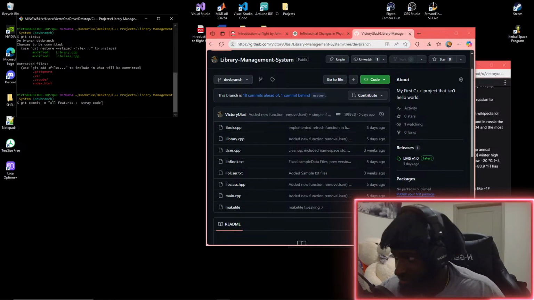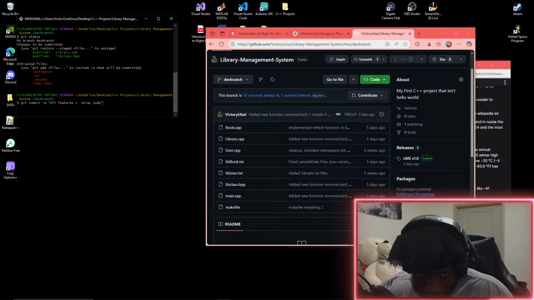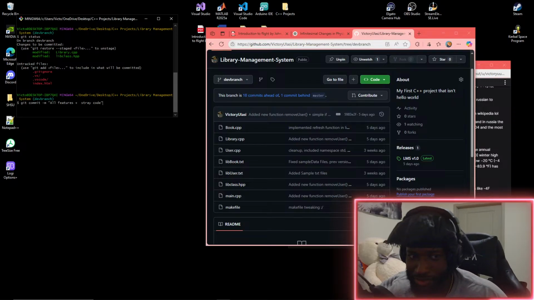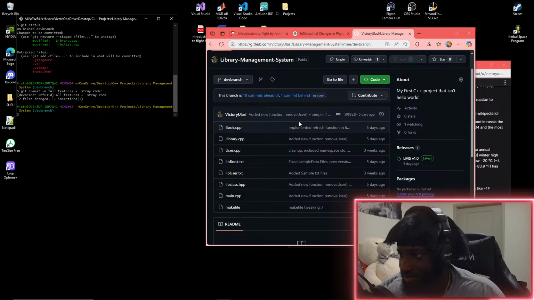Oh, I'm just finishing this little library project I made. It's not anything crazy. It simulates a real life library in code, essentially. So it's like the software behind an online library, if that makes sense. And it just saves whatever you put to a file.